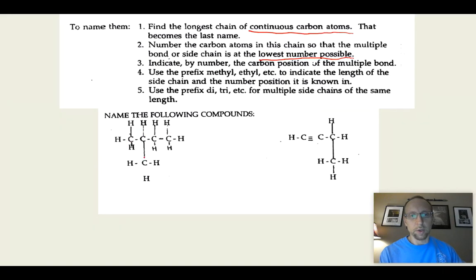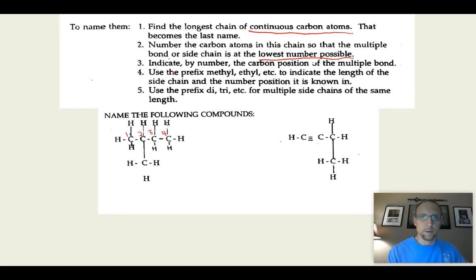If I were to number these carbons, this is my branch. So here's our alkyl group. We want to make sure our branch is on the carbon with the lowest possible number. So we want to start counting from the side that gives you the lowest number. So 1, 2, 3, 4. So I've numbered my carbons, all right?